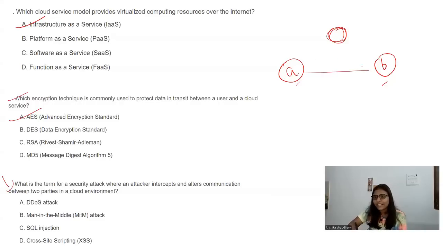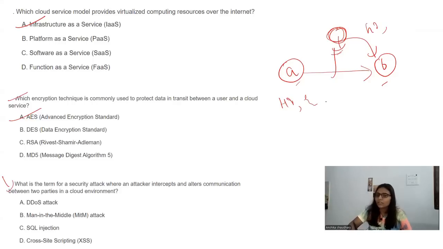If Alice is sending a message to Bob, he will steal this message, alter or modify it, and then forward it to Bob. Suppose Alice writes, "Hi, I have done this work," and this person modifies the content like this, "Hi, I haven't done the work yet. You have to do it." I'm just taking a rough example.